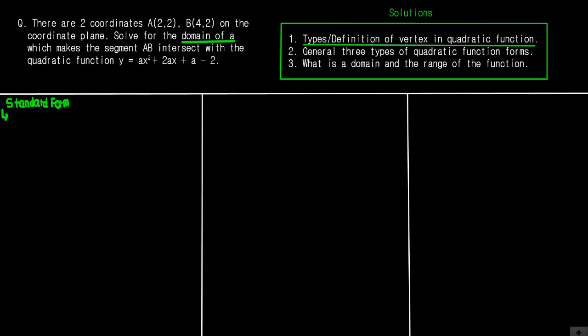So our standard form is y is equal to ax squared plus bx plus c. From here, let's think about what each variable defines.